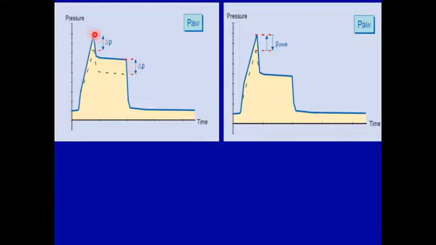So both peak airway pressure and plateau pressure are increased. This indicates the compliance of the lungs is decreased. The difference between the plateau pressure and the PEEP is increased. So this indicates the static compliance of the lungs is decreased.